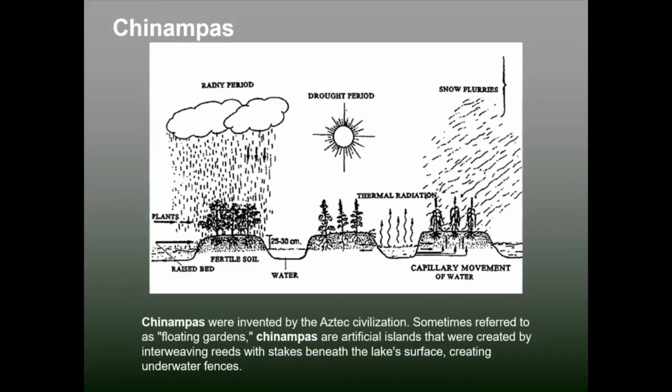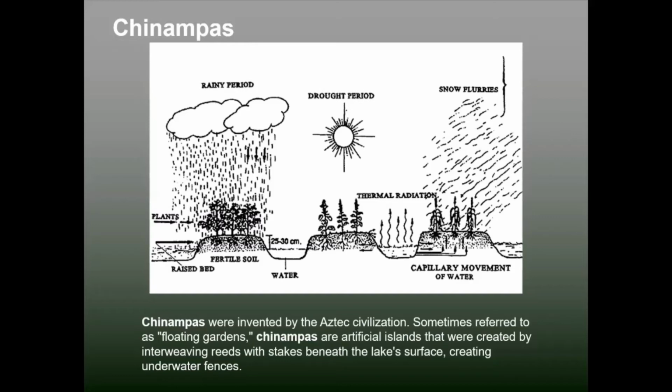And so chinampas is a good example. They were invented by the Aztec civilization, an ancient civilization. Basically, they were experiencing a lot of climate change, and so they were having these huge floods. What they did is they would take these flooded landscapes and create floating gardens.